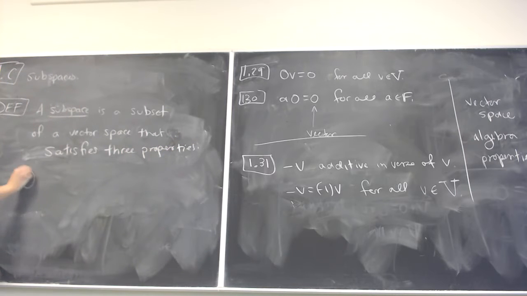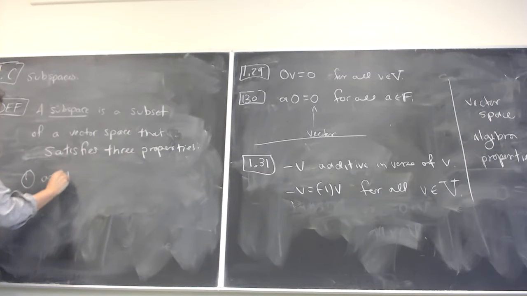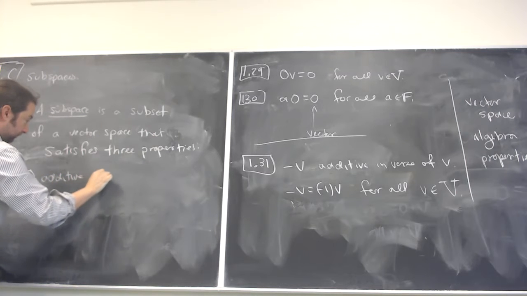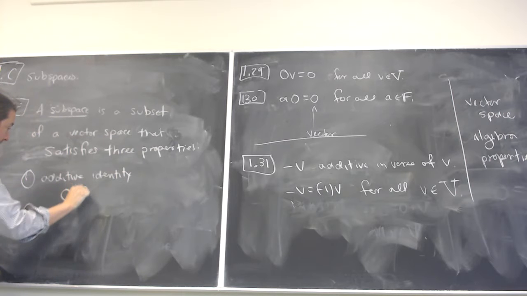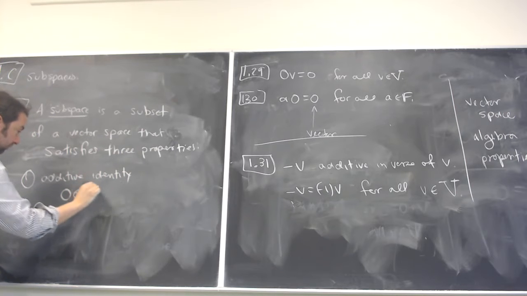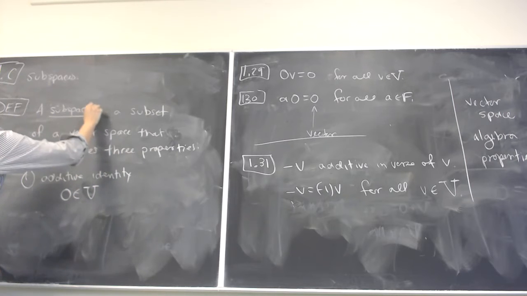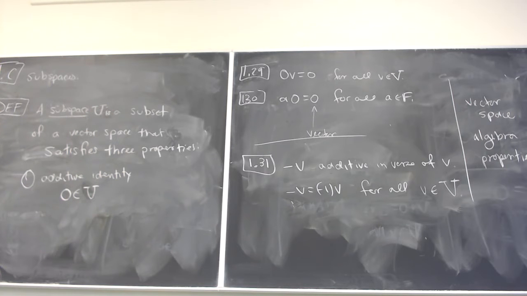One, it has a 0 element, so it's additive identity. 0 is in, let's call our subspace U. There's nothing fancy about that U, that's just to make sure that's capital. So whatever it is, 0 better live inside of it.